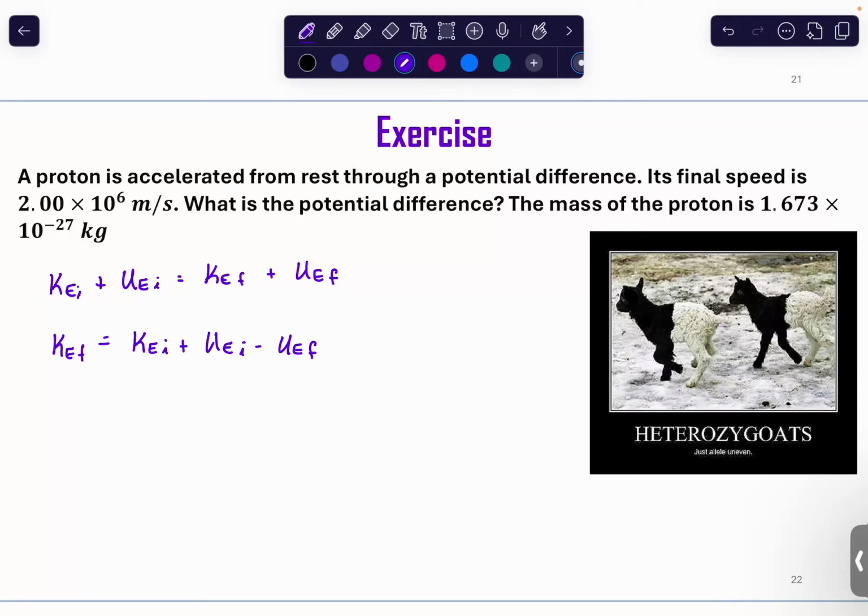Now, remember that the change in electric potential energy is final minus initial, but we have initial minus final, so that's going to give us the negative of the electric potential energy change.